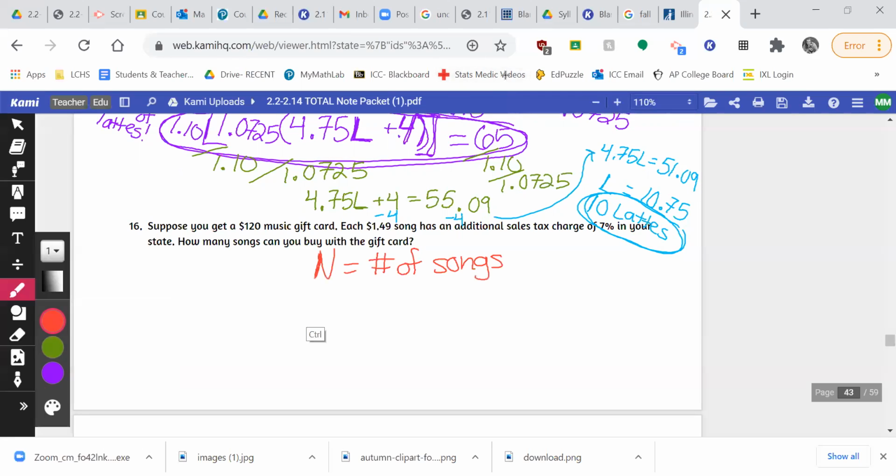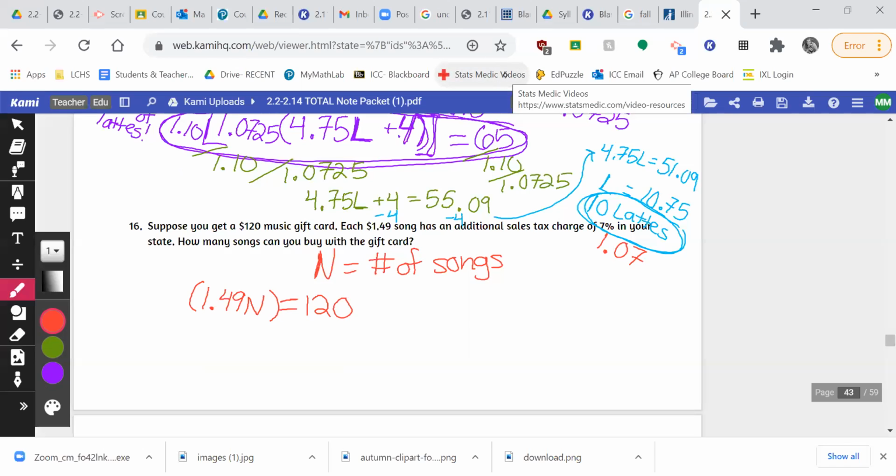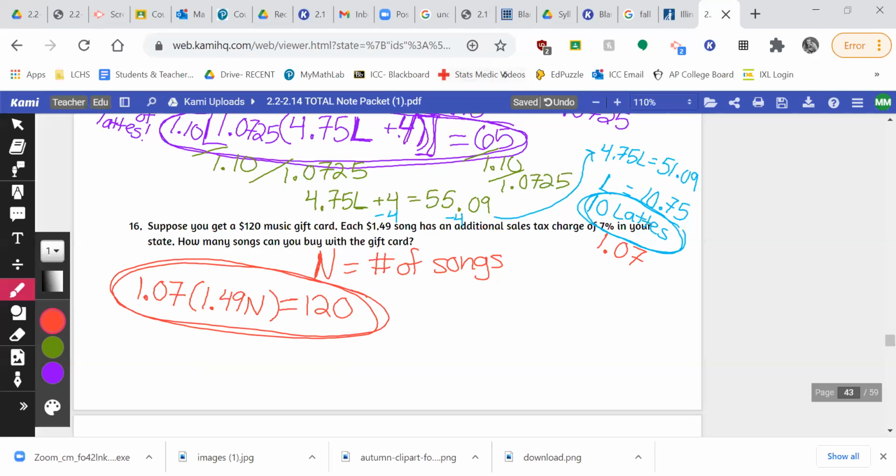I know that everything will end up equaling the 120. Each song is $1.49, and we don't have any other additional charges, nothing being added or subtracted. The only percent change that we have is the 7% sales tax, and as a multiplier that will be 1.07. And that's it for that one.